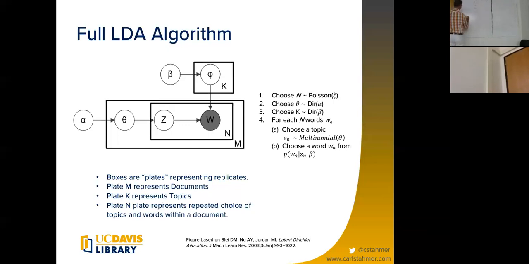So we've got our documents, N1, N2, N3, and N, and each of those is actually a collection of words, W1, W1. So far, this is what our data universe looks like.